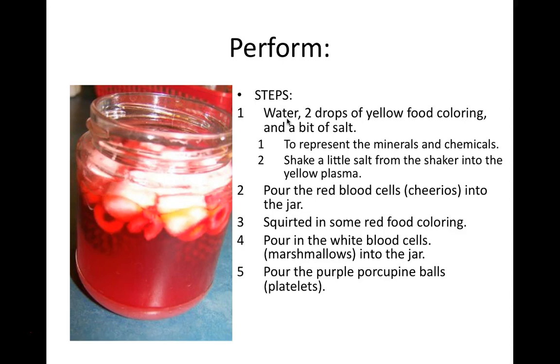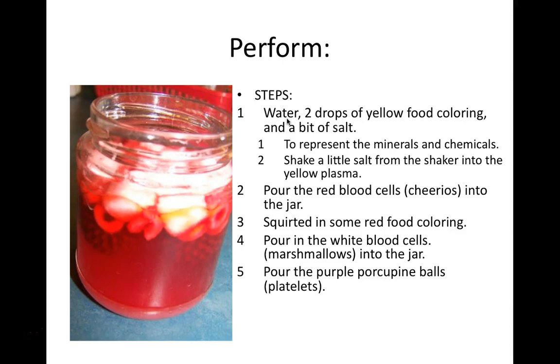Then I want you to pour the white marshmallows that are going to be the white cells into the same jar, sorry. Finally, we're going to pour the purple porcupine balls into the jar.